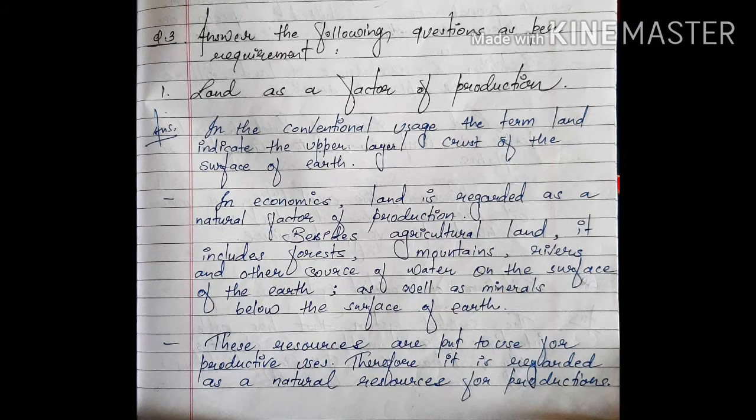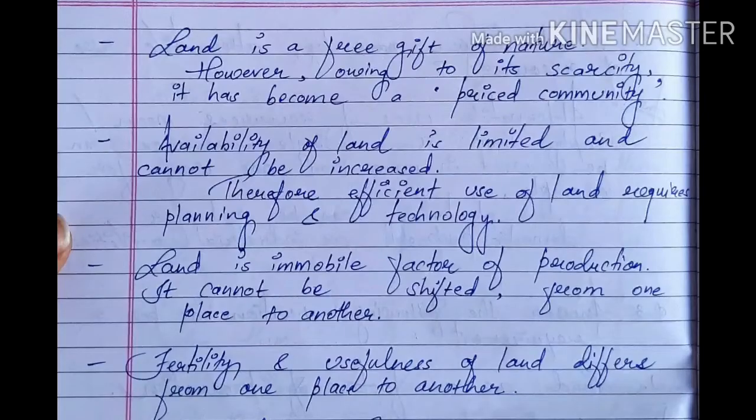Besides agricultural land, it includes forests, mountains, rivers and other sources of water on the surface of the earth as well as minerals below the surface of earth. These resources are put to use for productive uses, therefore it is regarded as a natural resource for production.